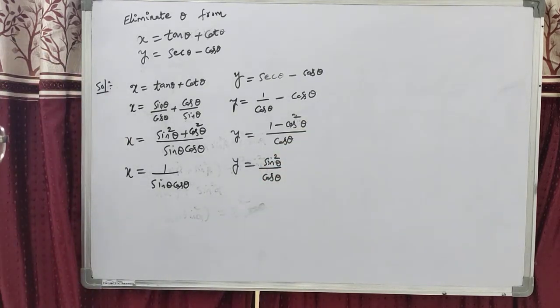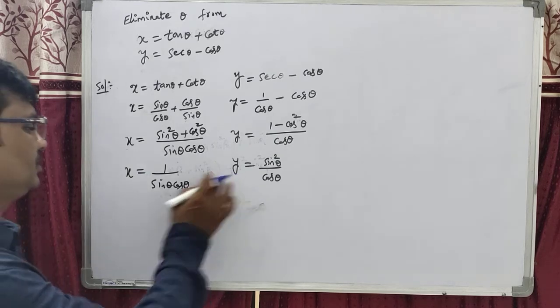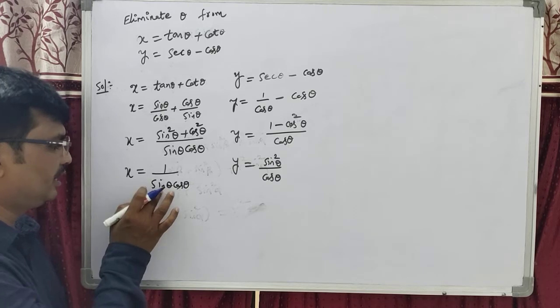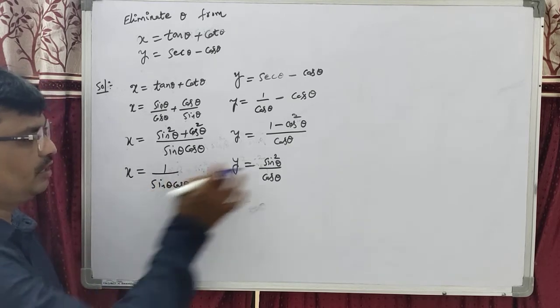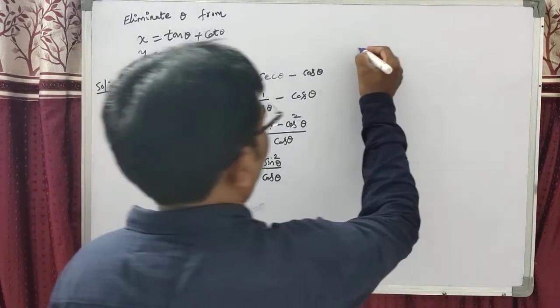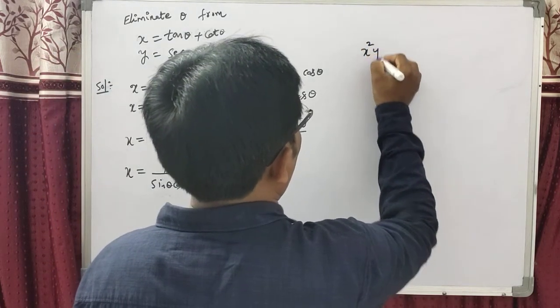Dear students, this is y, this is x. When we square x, this is sin square and these two are cancelled. First we find x square into y.